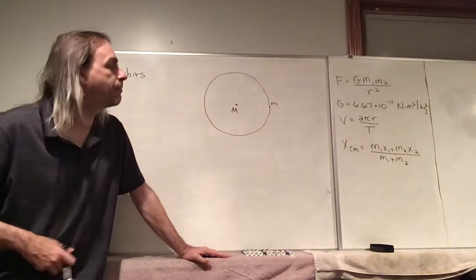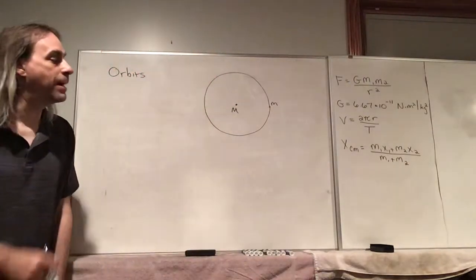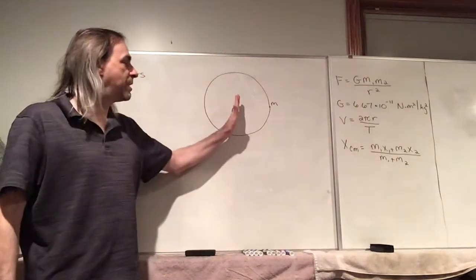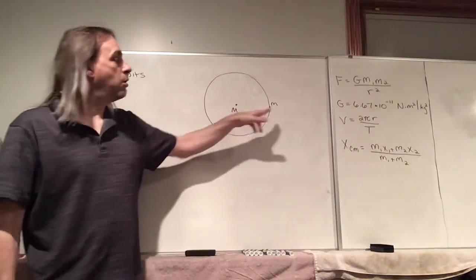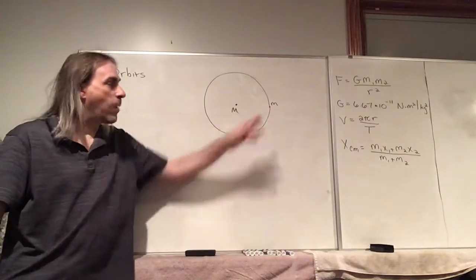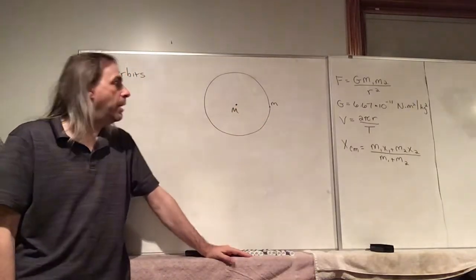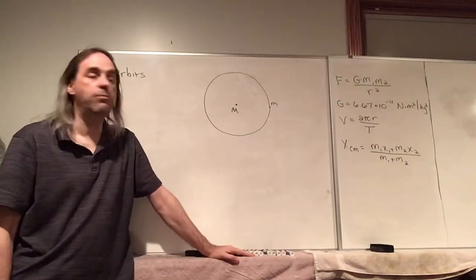I wrote down the formula here for the center of mass. Let's say we place the Sun at x equals 0. That would be x1 equals 0, and x2 would be the radius of the orbit. m1 would be the mass of the Sun, and m2 the mass of the planet.